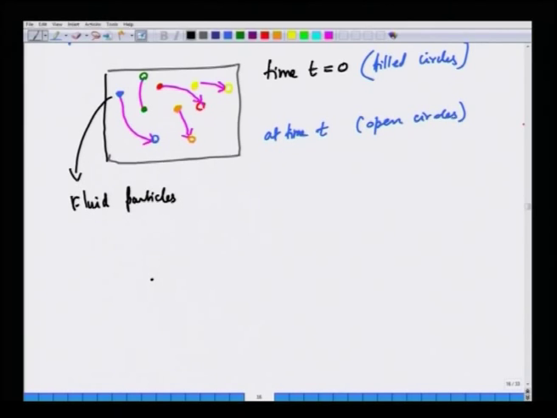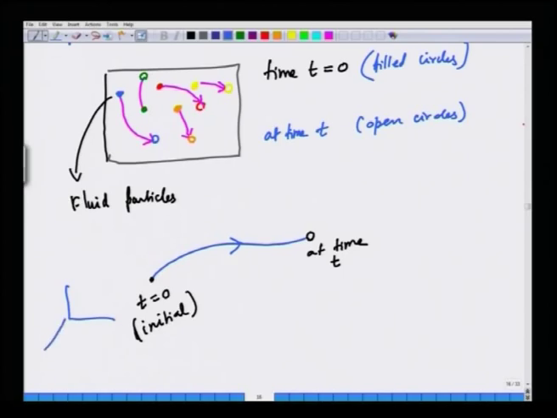In general at time t, you have a fluid particle which is moving at a later time. Let us say there is no motion initially, and upon application of some forcing, this point moves in spatial coordinates. So, you always have an x, y, z coordinate with respect to which we are describing a motion that is implicit. So, just to be complete, let me put a coordinate system there.